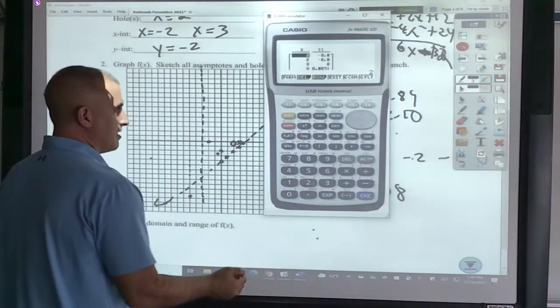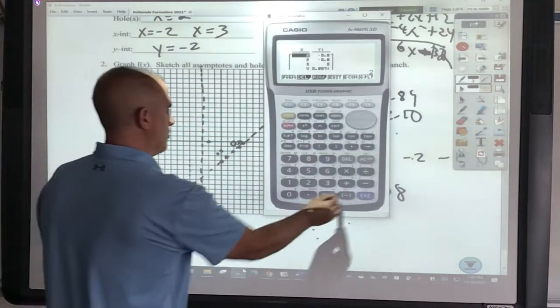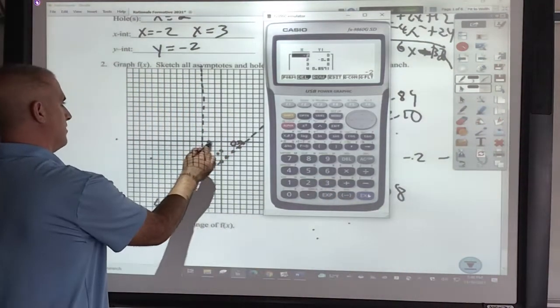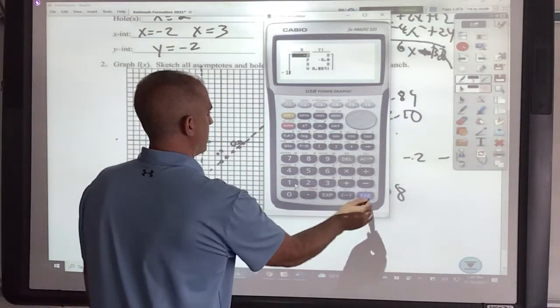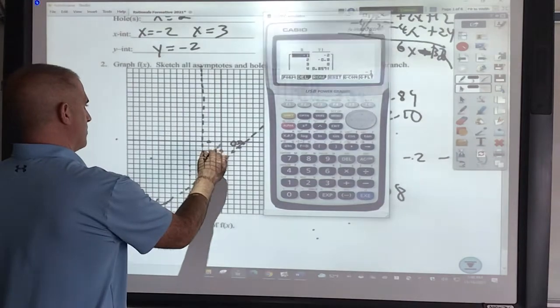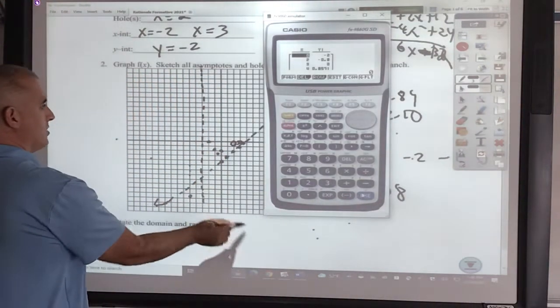Then I want to get these other points in here. So I got -2, which is 0, I got that already. -1, which is at -2, and 0, which is at -2, which I already have.